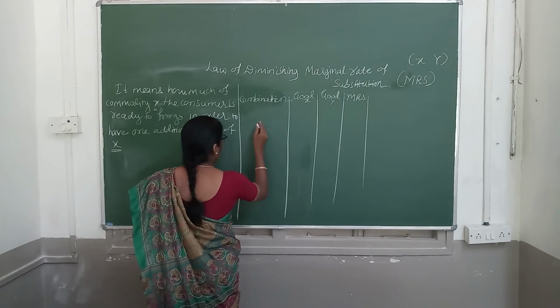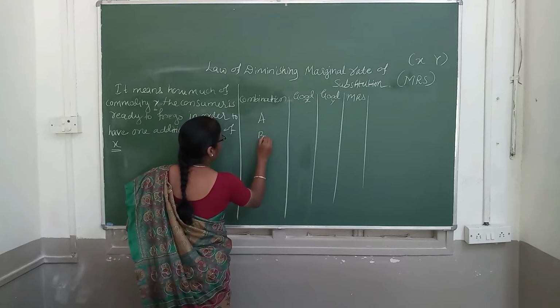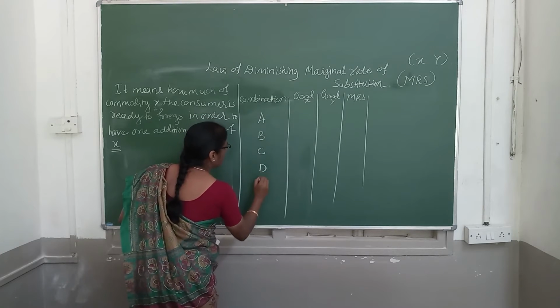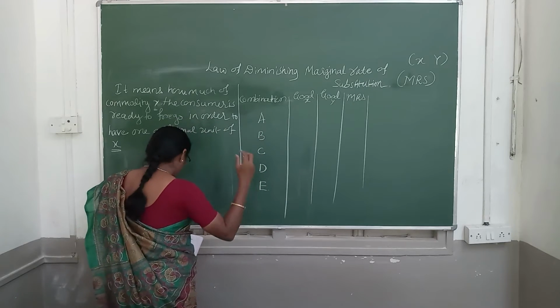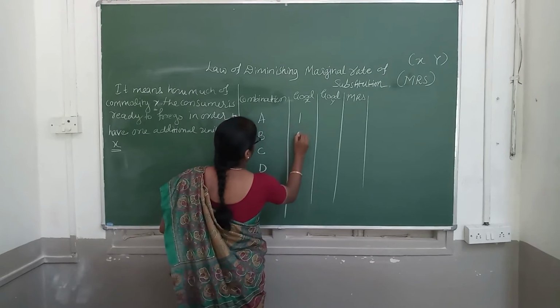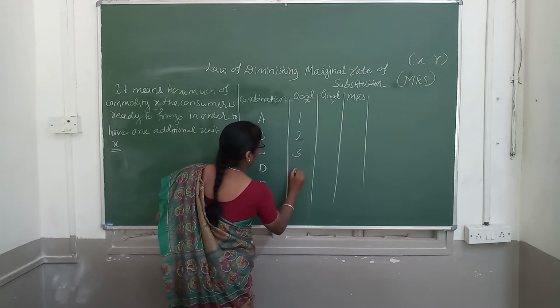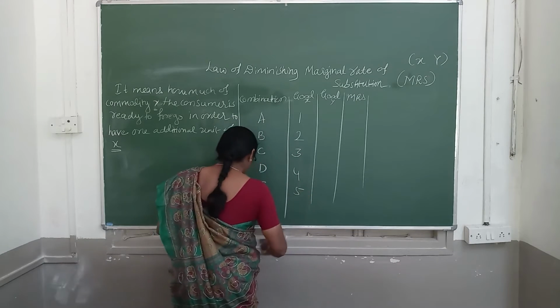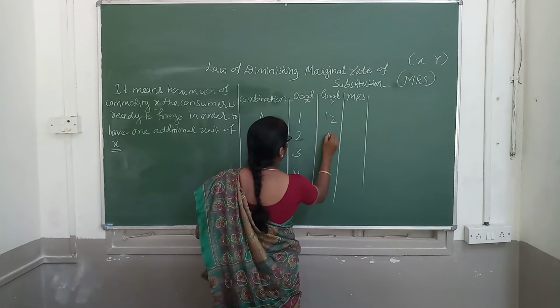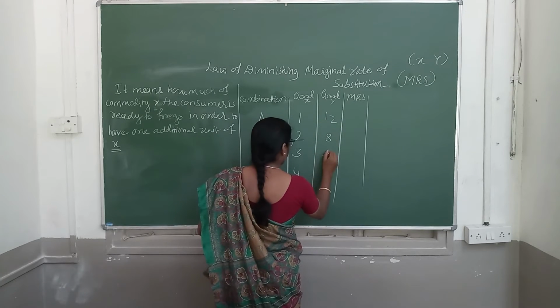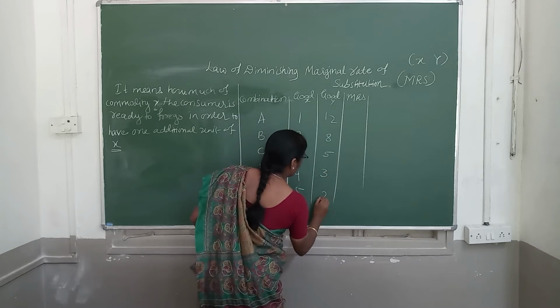How many combinations are there? A, B, C, D and E. 1, 2, 3, 4, 5 combinations are there. So X is 1, 2, 3, 4, 5 and Y is 12, 8, 5, 3, 2.